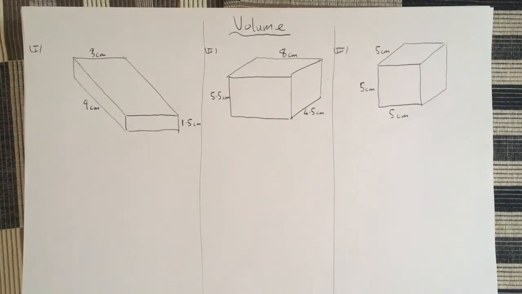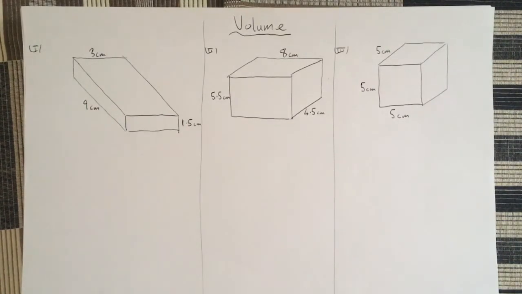You might see that the can holds 330 milliliters, or the bottle holds 2 liters. That's the volume of the bottle. That's how much liquid it holds. That's another way of looking at volume. It's how much liquid the shape could hold or contain.